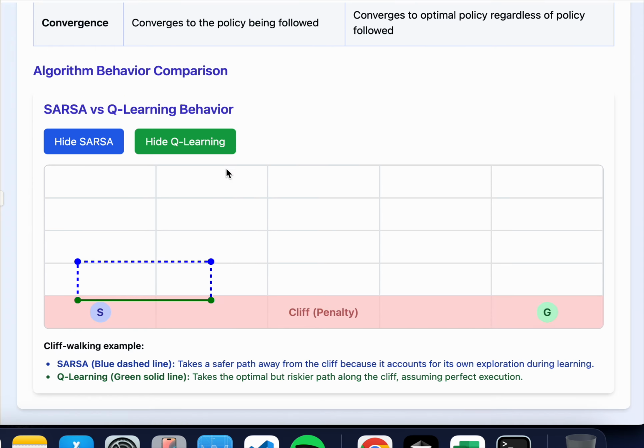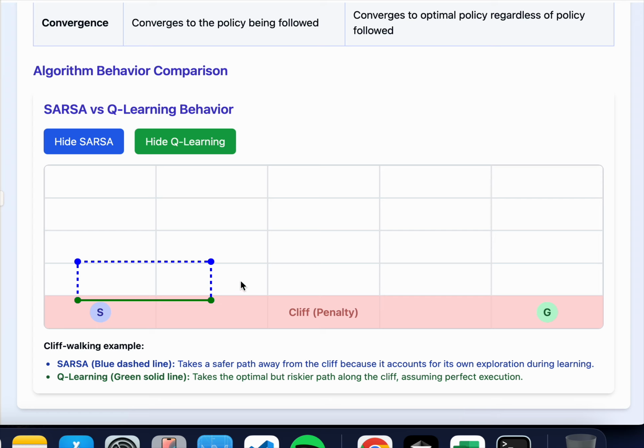Now, if you look at the cliff walking example just below, the difference becomes more intuitive. Here, the blue dashed line is SARSA. It avoids the cliff by taking a longer route around it. That's because it knows that exploration might cause it to fall off. It's playing it safe.